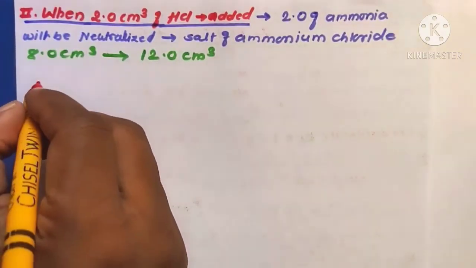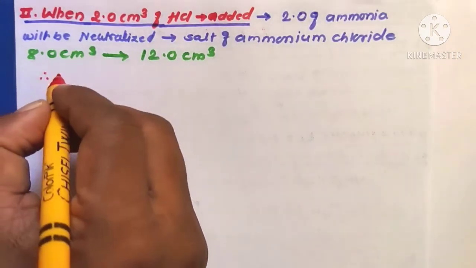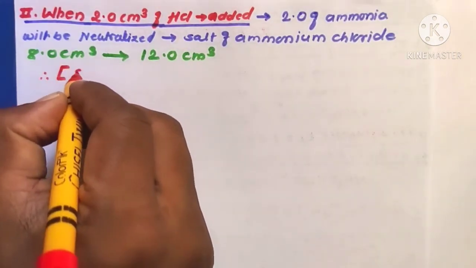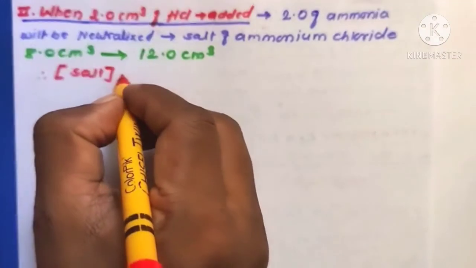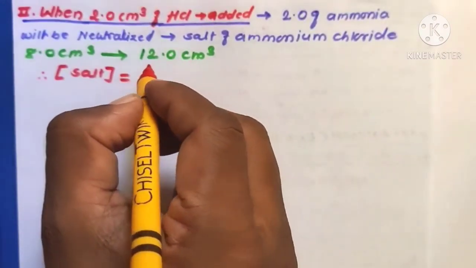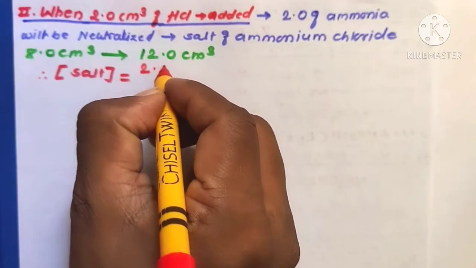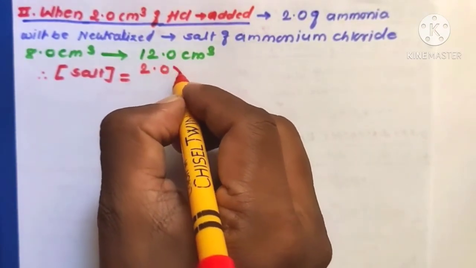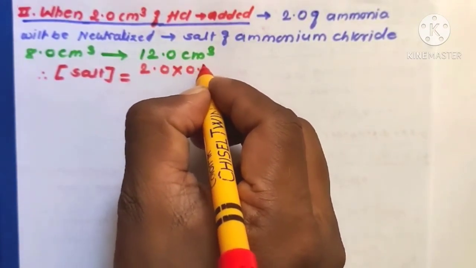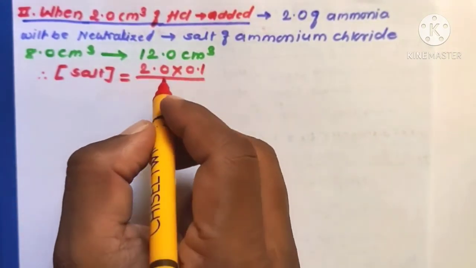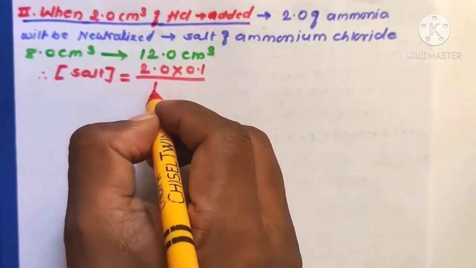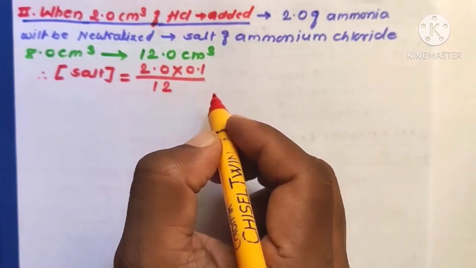Therefore the concentration of salt can be calculated as 2.0 into 0.1 molar solution of HCl, and the total volume will be 12.